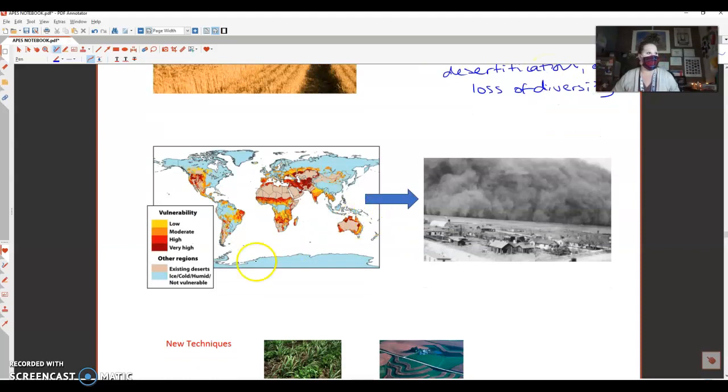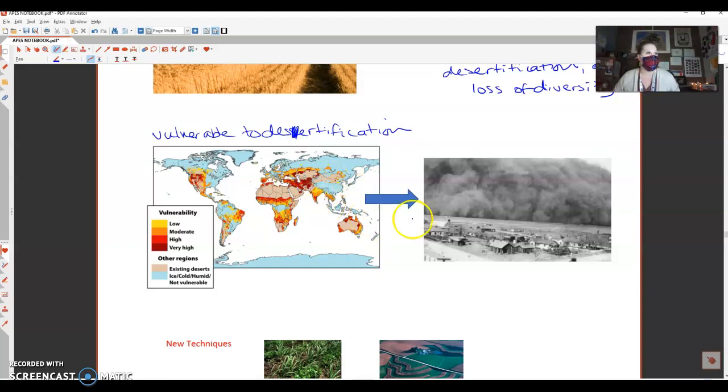Now, if you look at these pictures down here, guys, the first map shows vulnerable regions. So this is vulnerable to desertification. Okay, it should not have two S's, y'all. I just spelled desert, not dessert. Okay, vulnerable to desertification.